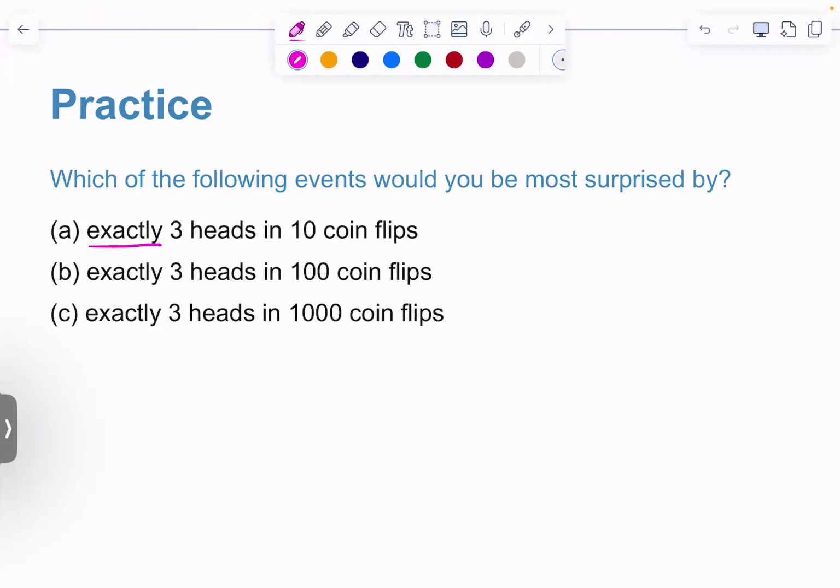That's very surprising, right? But most surprising would be exactly 3 heads in 1,000 coin flips. You don't expect to see that, just because you know that coin flips should be a random process, so you would expect roughly half of the coin flips to be heads.